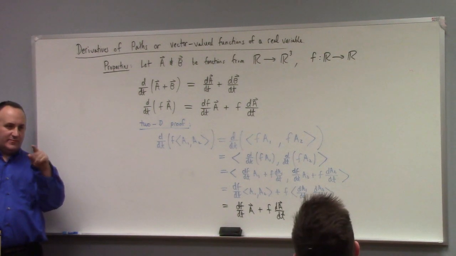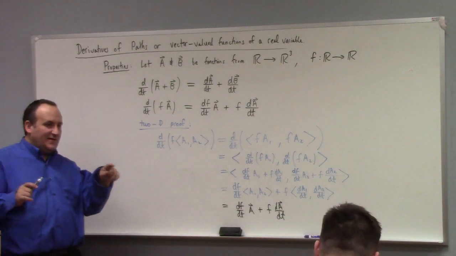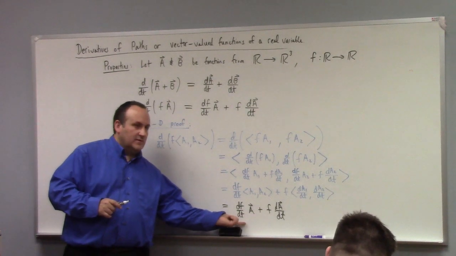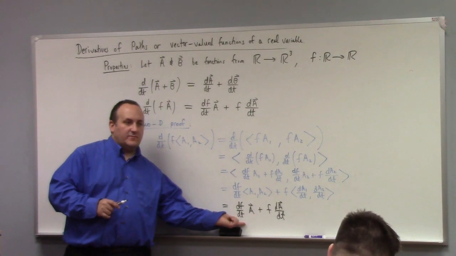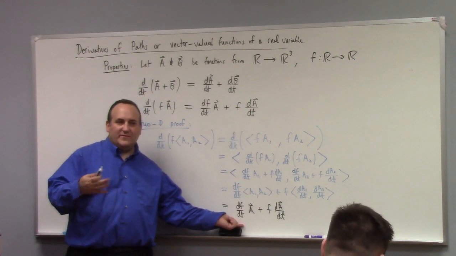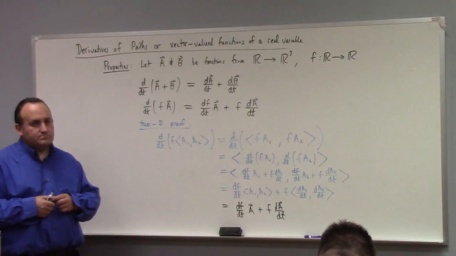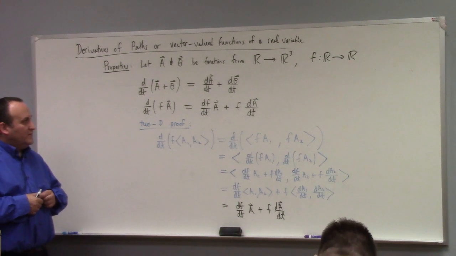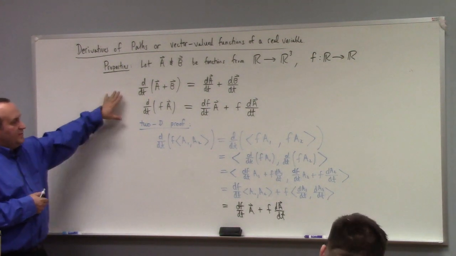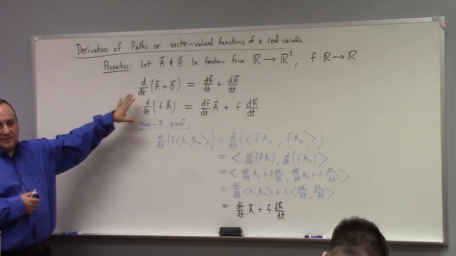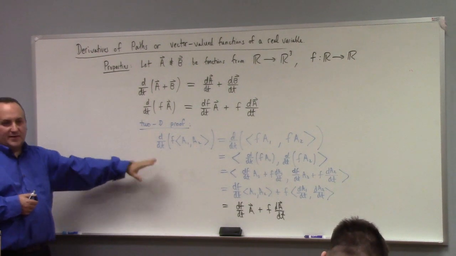Or in terms of equations, we need df/dt equal to 0. If df/dt is equal to 0, that means f is a constant function with respect to time. So pretty much all of the proofs of the properties I'm about to write down involve this kind of argument.